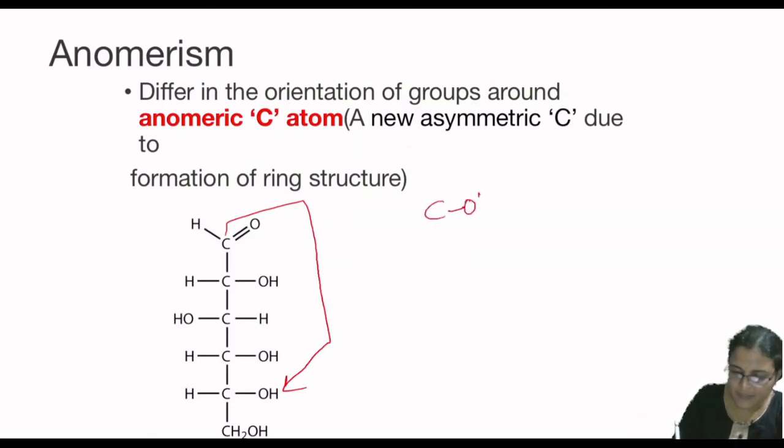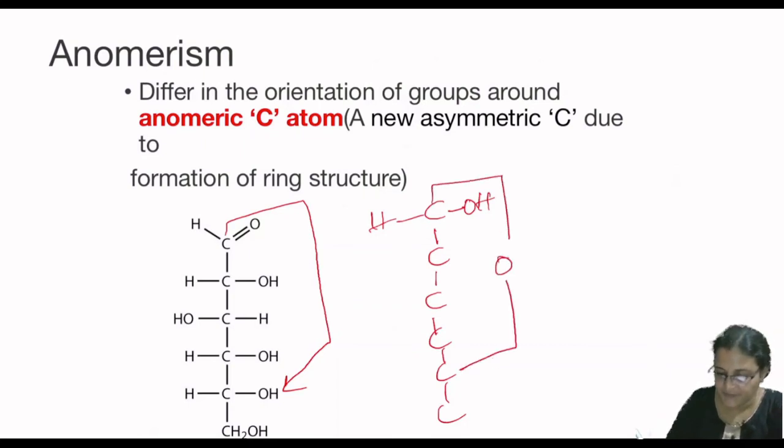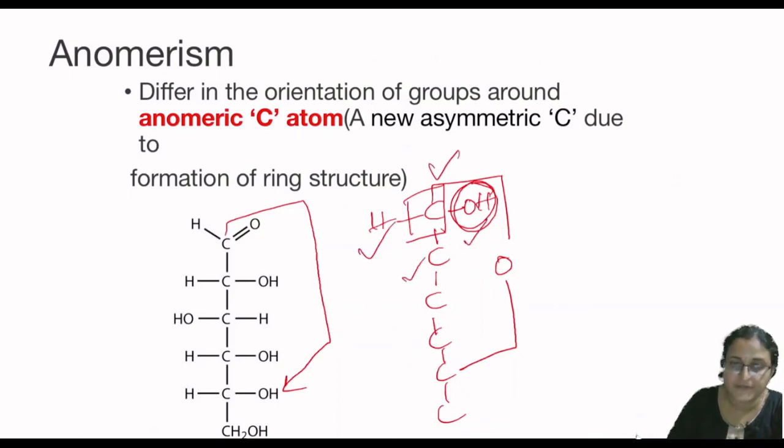This becomes OH, H, then I'm writing in short form 1, 2, 3, 4, 5, 6, and this oxygen will form this bond. So a hydroxyl group is formed, a new asymmetric carbon, this one, because four different groups are attached here. So this C1, which initially was not asymmetric, now becomes asymmetric.